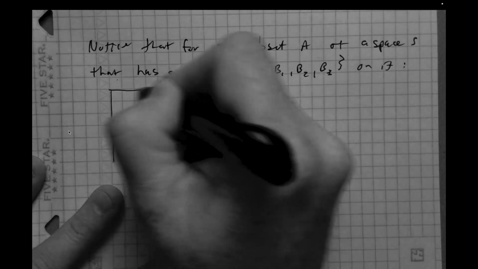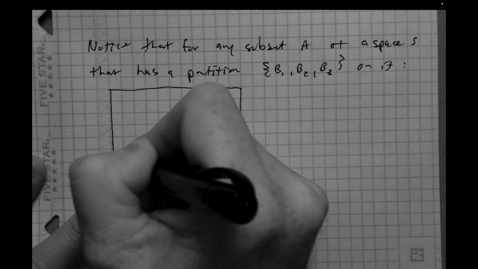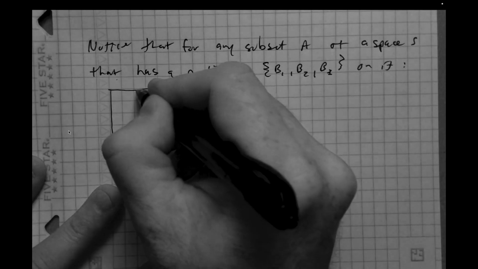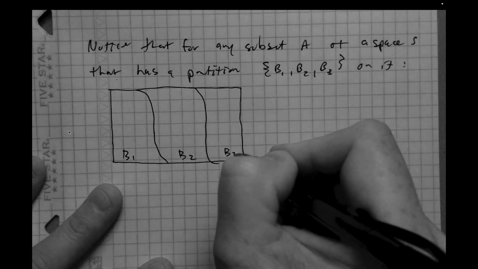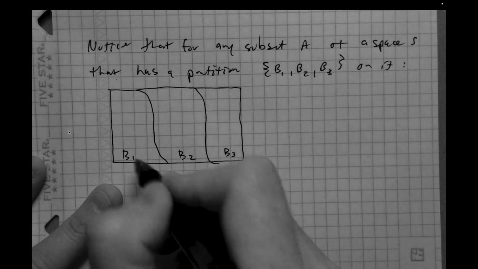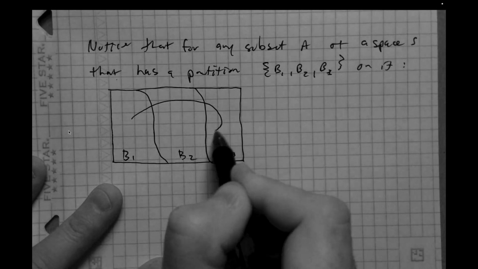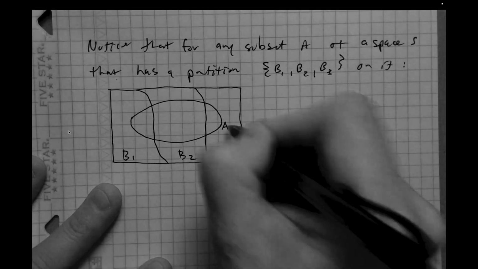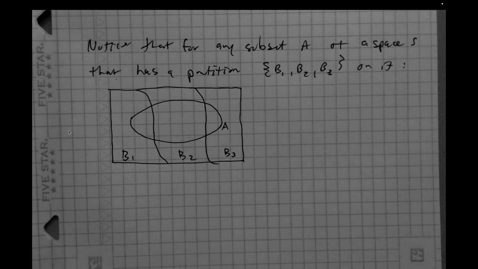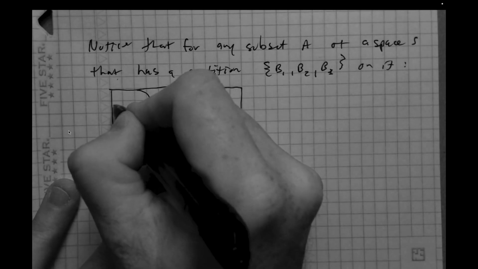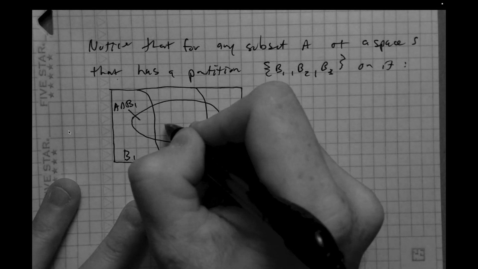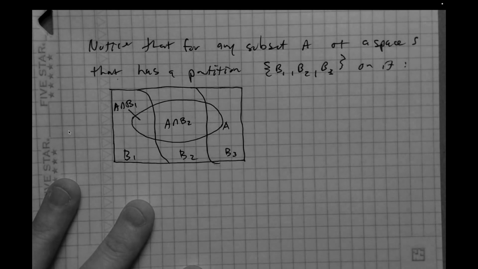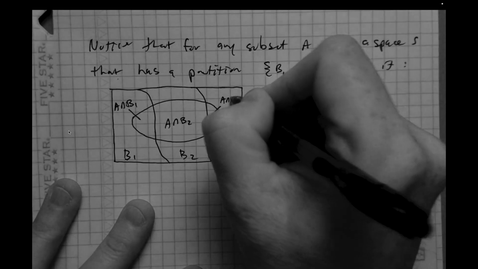So again, this is the same space, and we've got this partition B1, B2, B3 on it, which I'll just draw like this. Now I've got an arbitrary subset in here and we'll call that set A. Notice that A can be thought of as this piece here, which is A and B1, and then this piece in the middle is A and B2, and over here you've got A and B3.